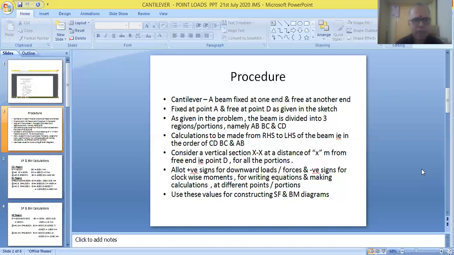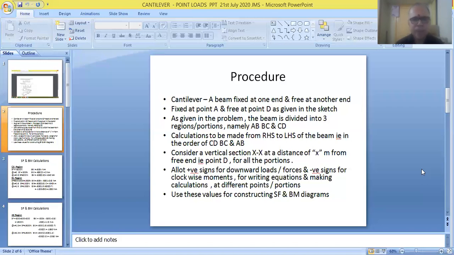As per the number of loads given in the figure, it has to be divided into three regions. So AB indicates the first region, BC the second region, and CD the third region.